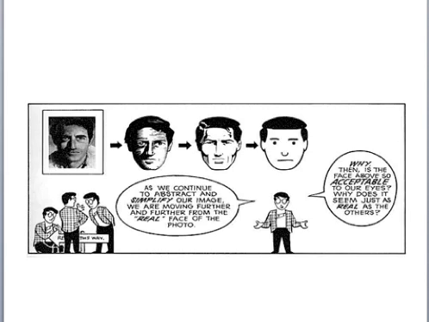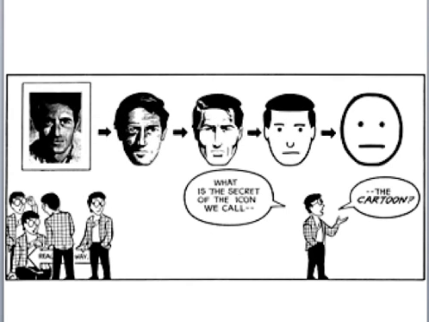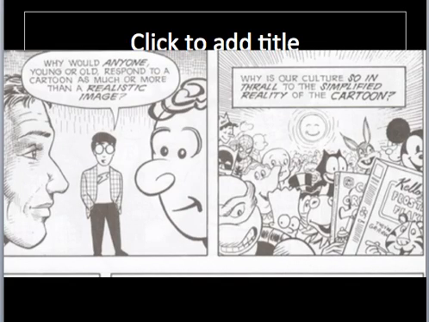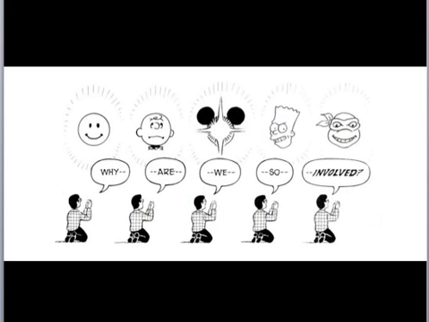Why does it seem just as real as a real picture image? What is the secret of the icon we call the cartoon? Why would anyone, young or old, respond to a cartoon as much as a more realistic image? Why is our culture so enthralled to simplify reality to the cartoon?